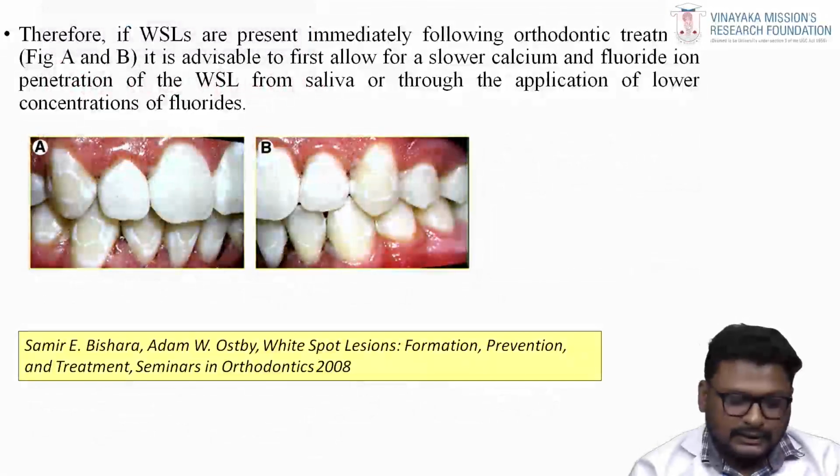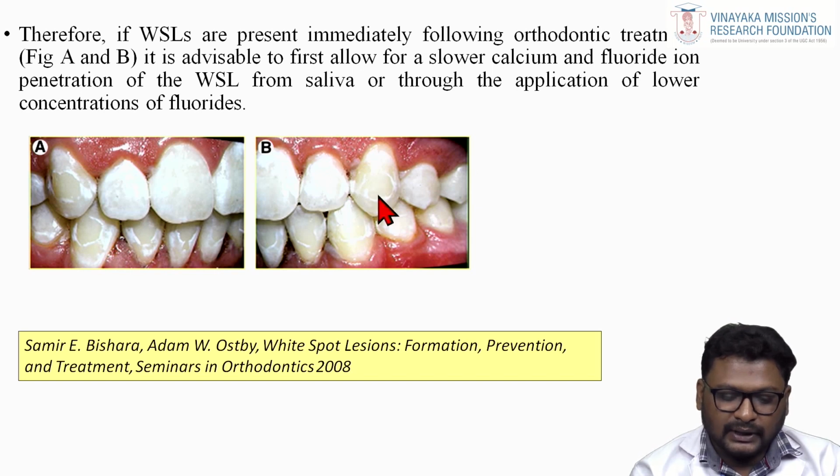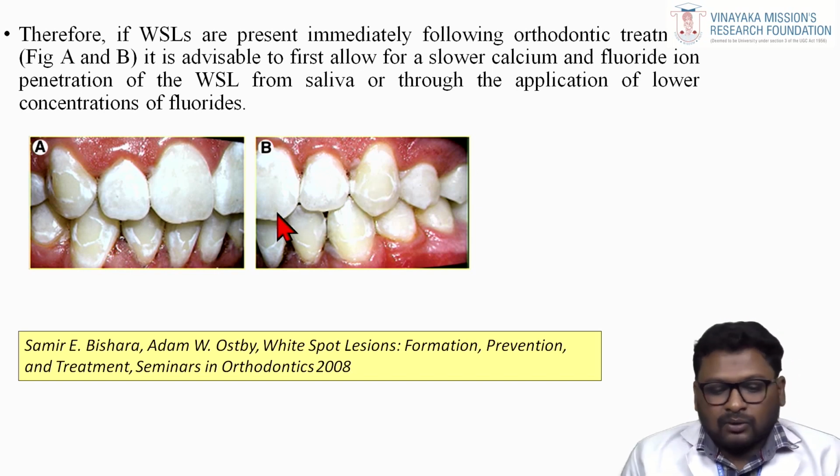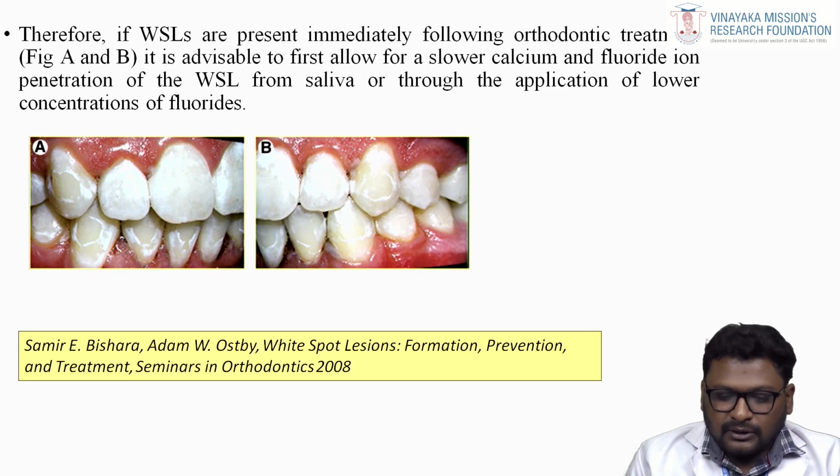We can see that these are the white spot lesions after debonding. In these pictures we can see that. If white spot enamel lesions are present following orthodontic treatment, it is advisable to allow for slower calcium and fluoride ion penetration into the lesions from saliva or through the application of a lower concentration of fluoride.